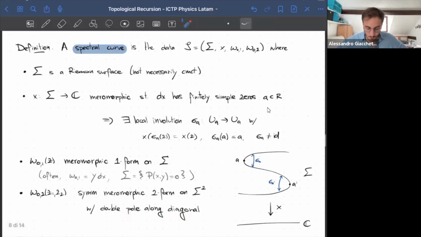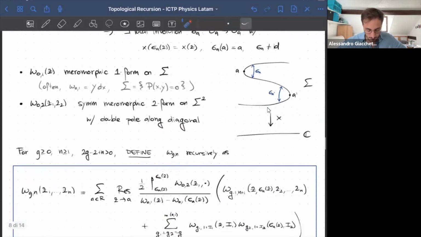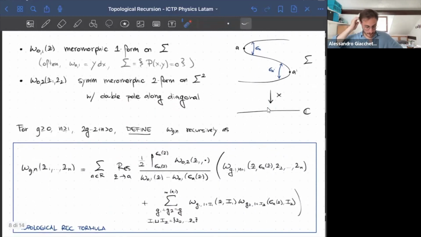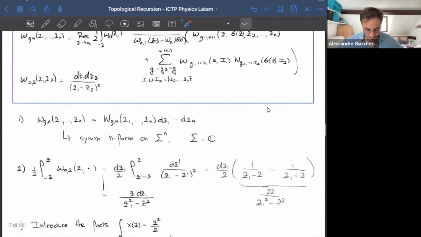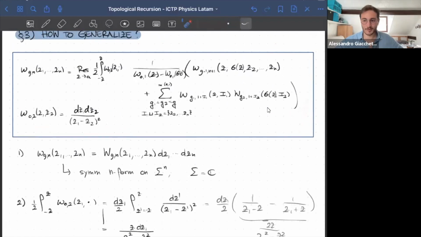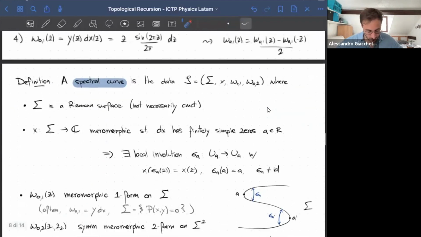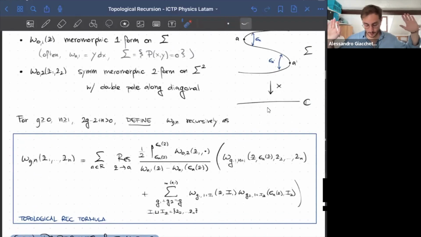And so once you have all this data, you can now define a bunch of correlators through the topological recursion formula, which is the following one, which is exactly what I tried to come up with here from the specific example of JT. But now this is very generic.